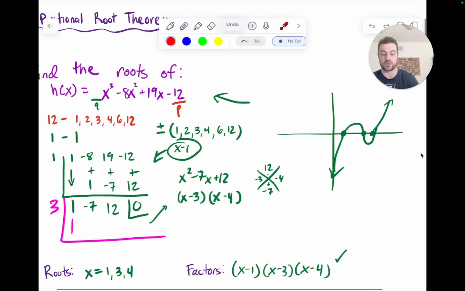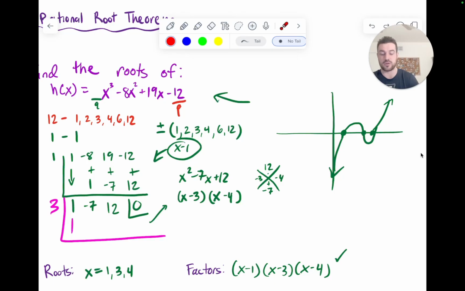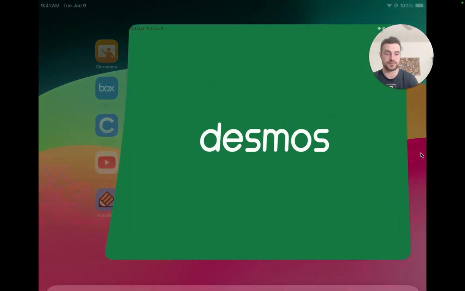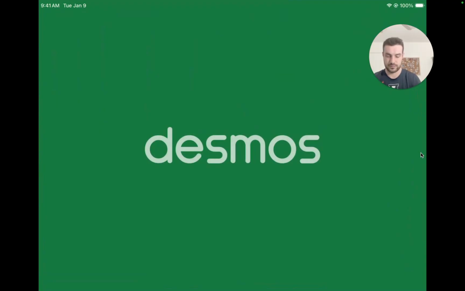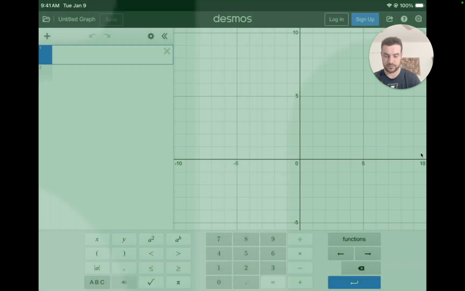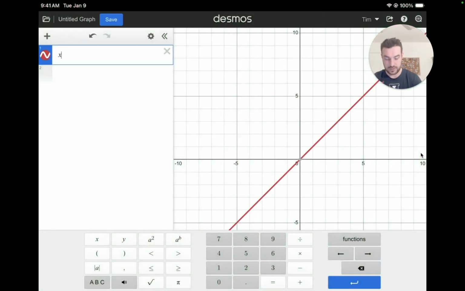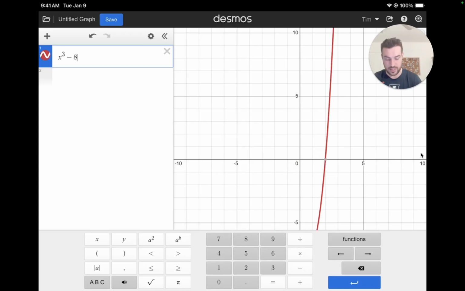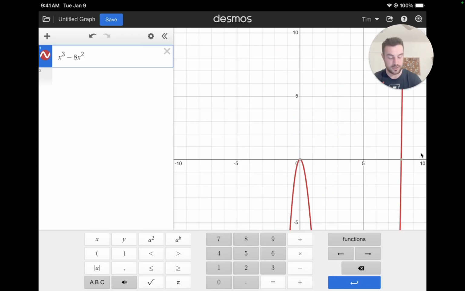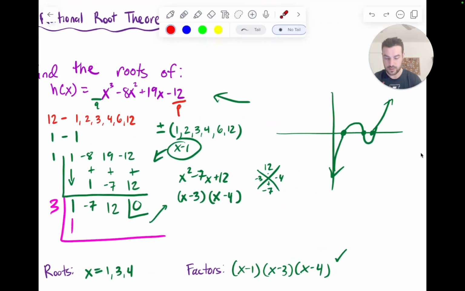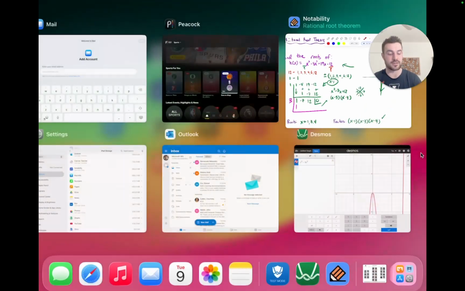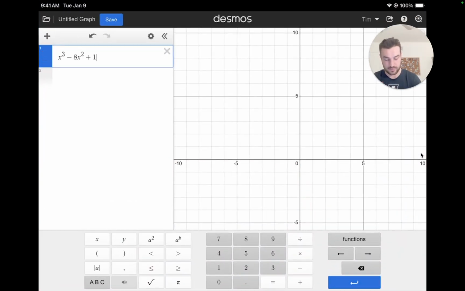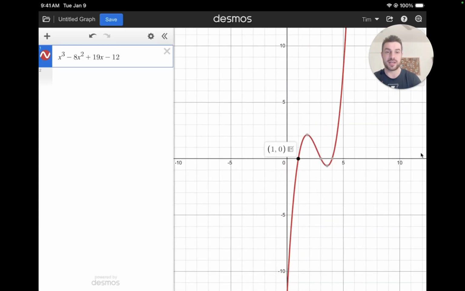And just as a quick reminder, if I graph x cubed minus 8x squared plus 19x minus 12, we can see that I'm getting my rational roots from my x-intercepts.